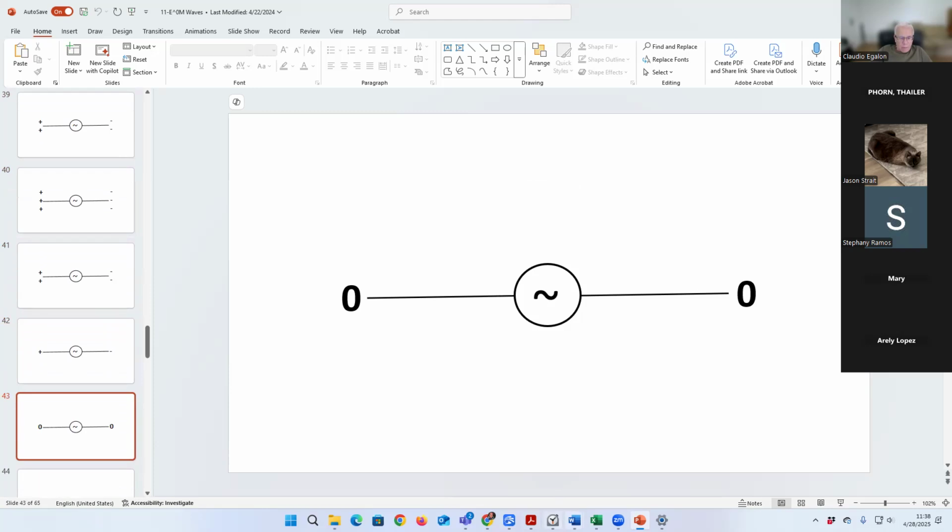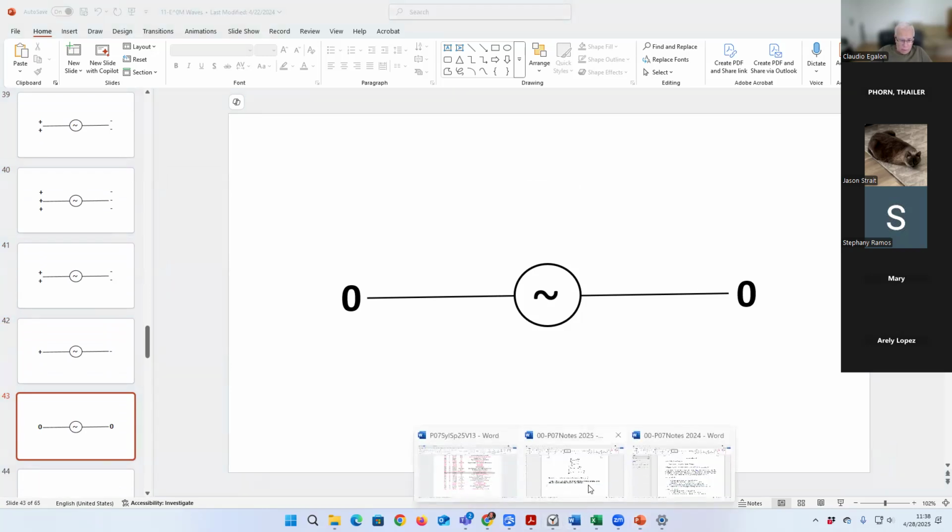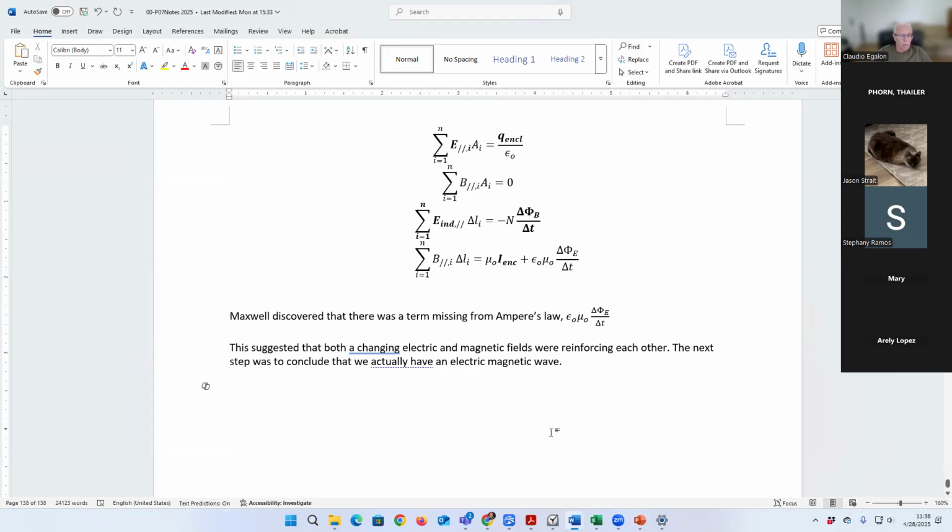Let's write down everything that we have said so far. So here you go. Electromagnetic wave, okay? There are two ways to visualize the production of an electromagnetic wave.